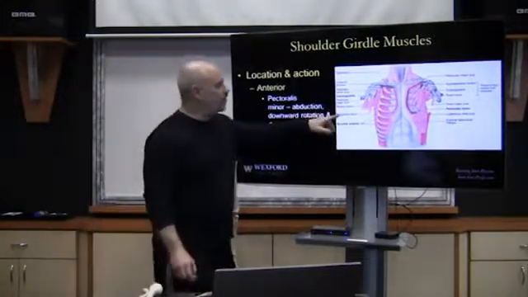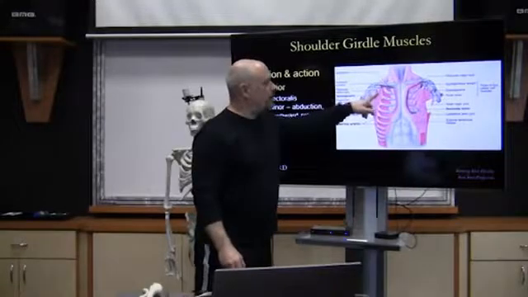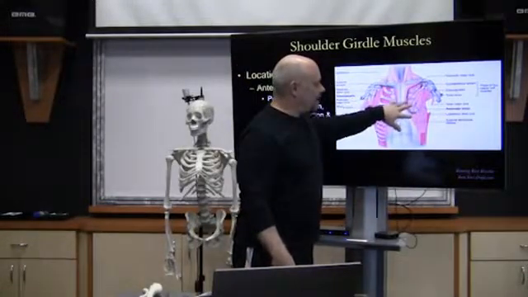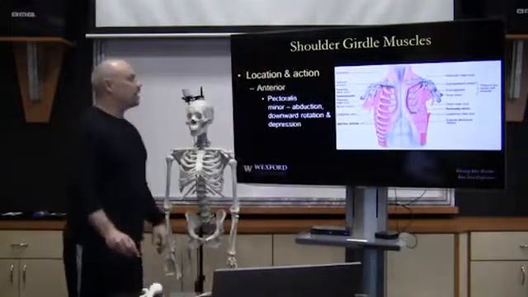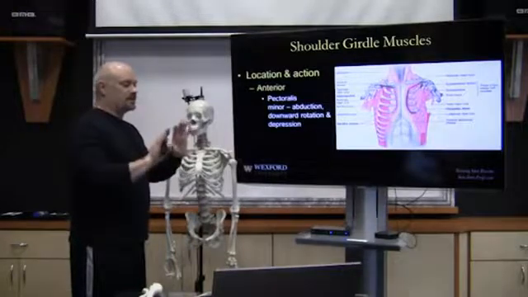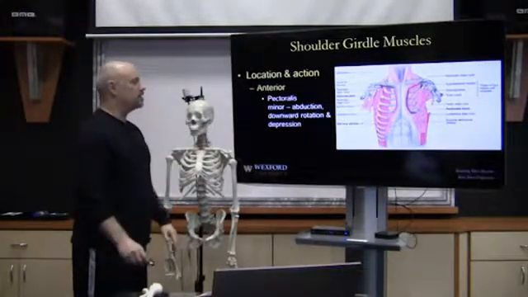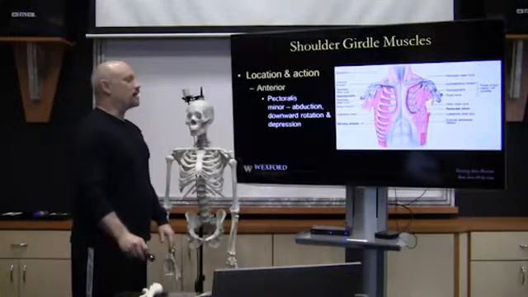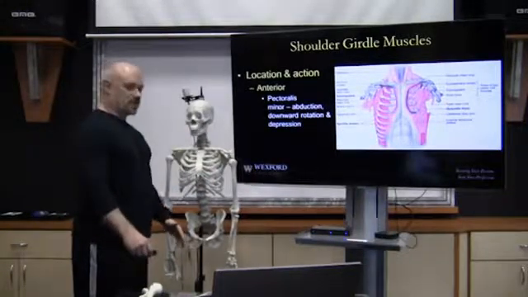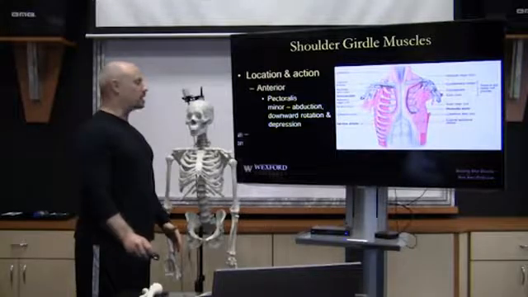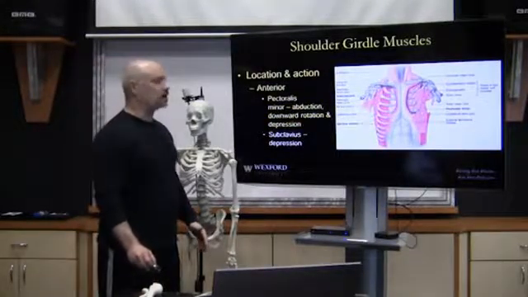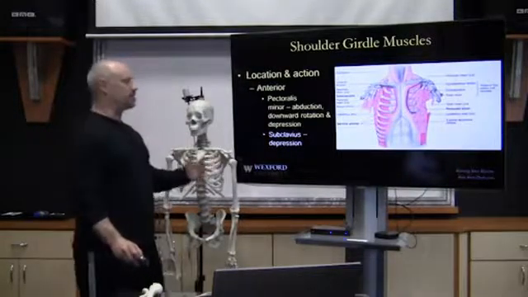Once again, it's attached to the coracoid process and attaches to the rib cage, and it causes abduction, meaning shoulder blades protract, and downward rotation, when the shoulder blades are up here. It also causes depression of the shoulder blade as well. Then underneath of that is subclavius, which causes nothing more than depression.